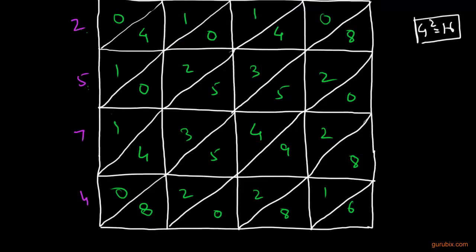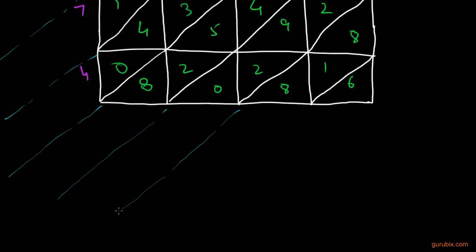Now we shall start adding the digits in the diagonal. We shall start with the lowest diagonal, and here is 6.